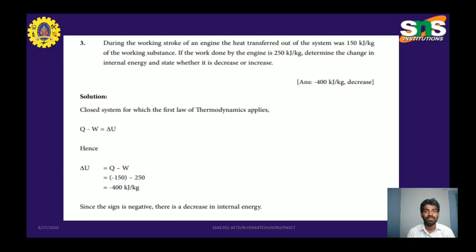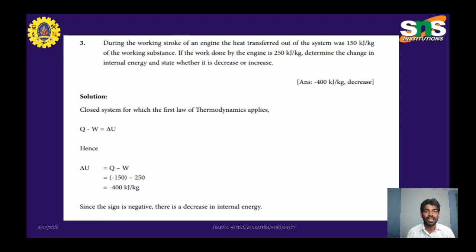So this is the solution part. In a closed system for which the first law of thermodynamics applies, the equation is Q minus W is equal to del U. In this problem we need to find the change in internal energy, represented as del U. Rearranging, del U is equal to Q minus W. Then we substitute the Q and W values, putting a negative sign where indicated.